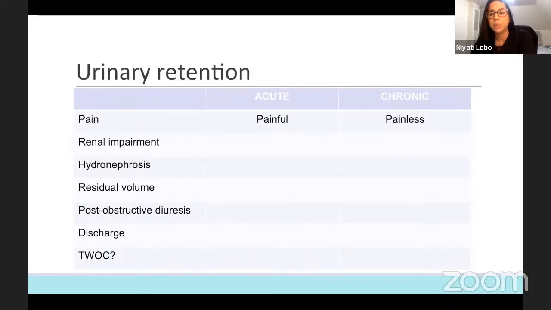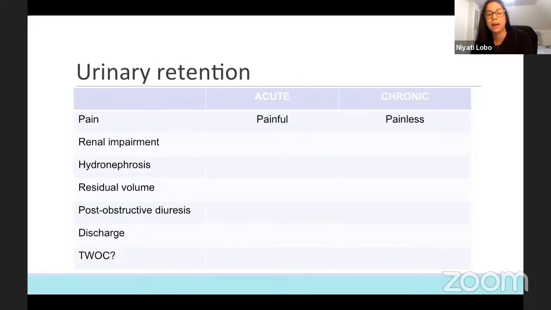They are happily walking around with 2 or 3 litres in their bladder, not even knowing this. So these are your men with benign prostatic enlargement. As the prostate grows, the bladder is obstructed, and as a compensatory mechanism, it distends. A normal bladder capacity is about 500 mils.